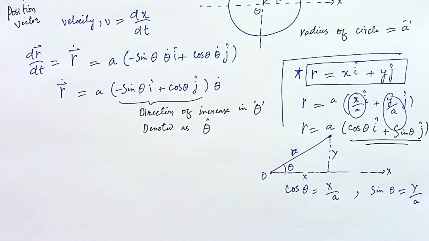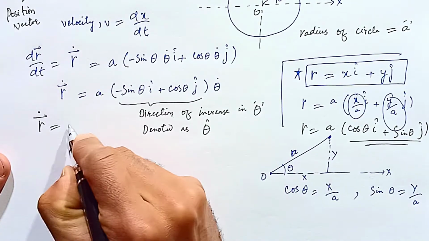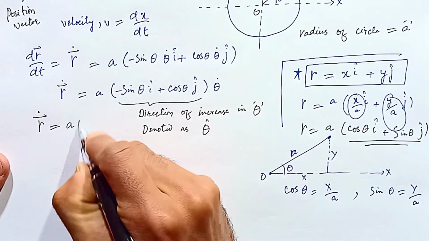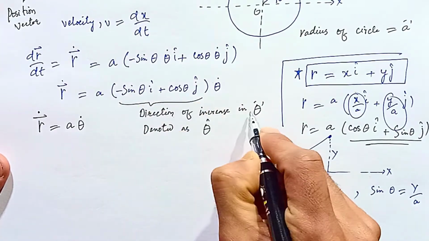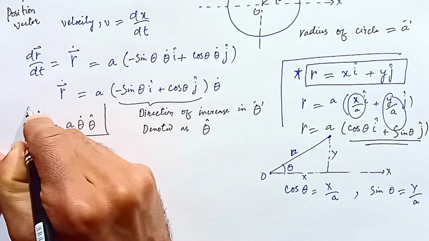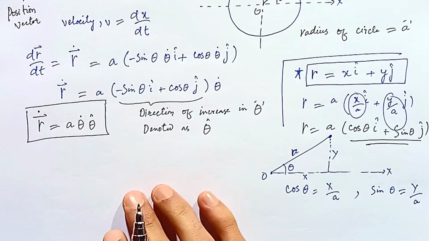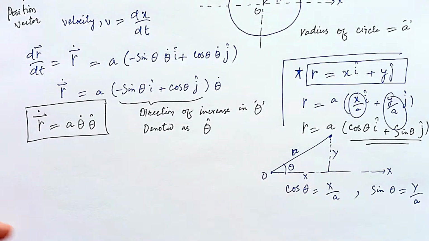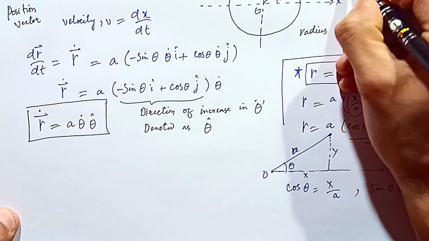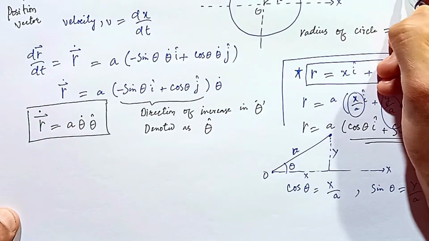So we can represent this as r dot equals a times theta dot times theta hat. This gives the velocity in the Cartesian coordinate system. This is an orthogonal coordinate system, keep it in mind.